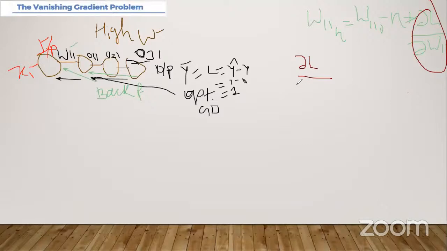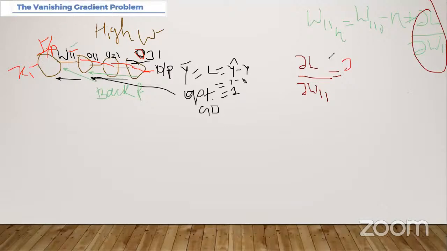Like we spoke about, if I want to update W11, I have to take the way all along from the output back to W11. Taking that path, I will encounter first O31, then O21, and then it will be updated. There will be a multi-step process. So let me write that one.